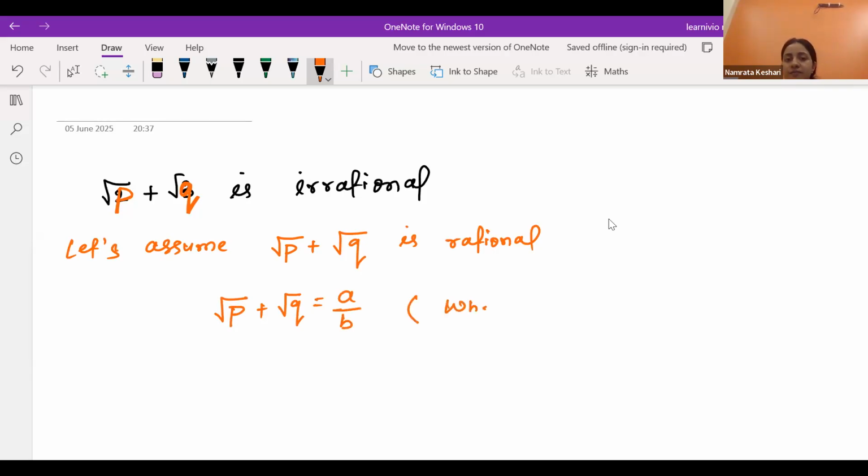Making sense? And b not equal to 0. Now we are going to square both sides.